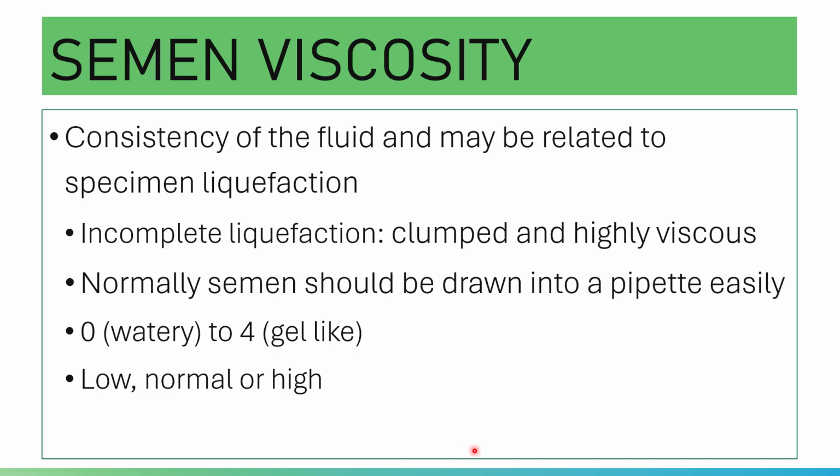The viscosity should be recorded as abnormal when the thread exceeds 2 centimeters in length. If the thread formed is less than 2 centimeters in length, then it is normal.